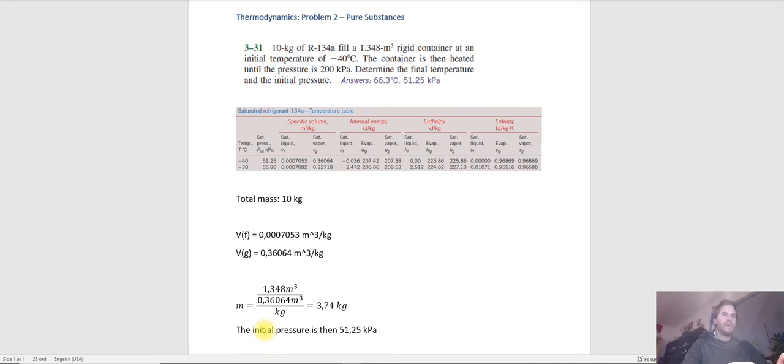Because we can clearly see that if the whole 1.348 cubic meters were filled with vapor, the mass would be less than 10 kilos.